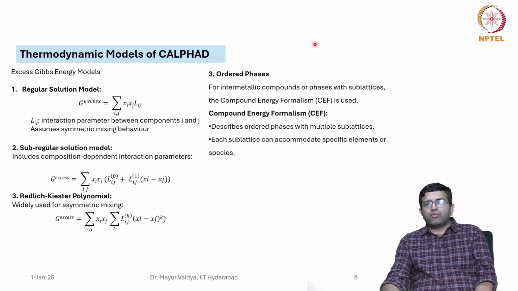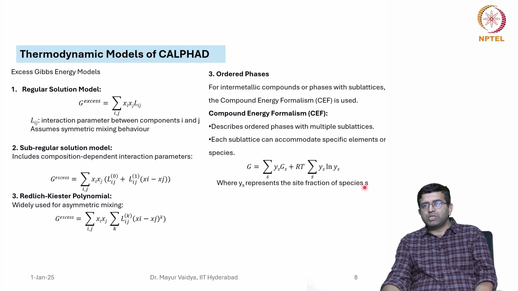For ordered phases, we use what is known as the compound energy formalism, which describes ordered phases with multiple sublattices, and each sublattice can accommodate specific elements or species. This formulation looks something like this, where Ys represents the site fraction of species s.